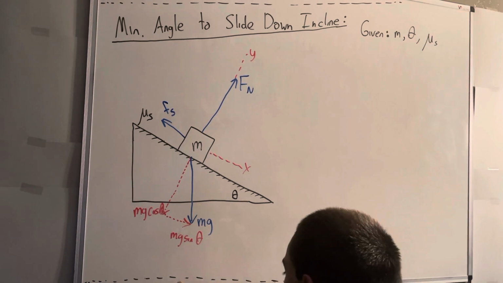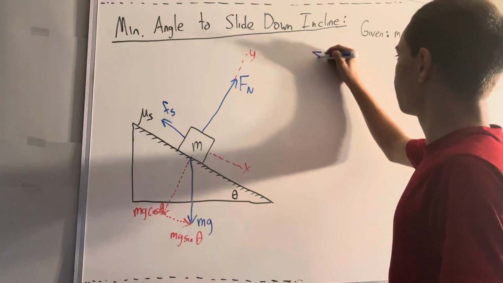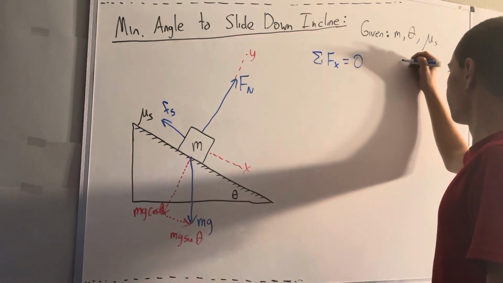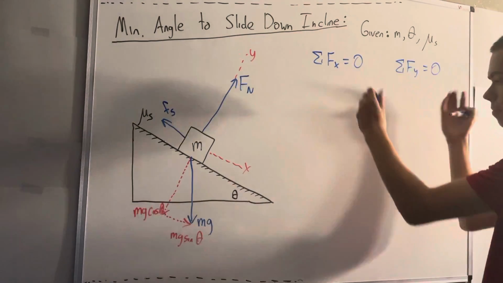So remember, the block isn't going to move. So the sum of the forces in the x direction equals 0, and the sum of the forces in the y direction also equals 0, right?